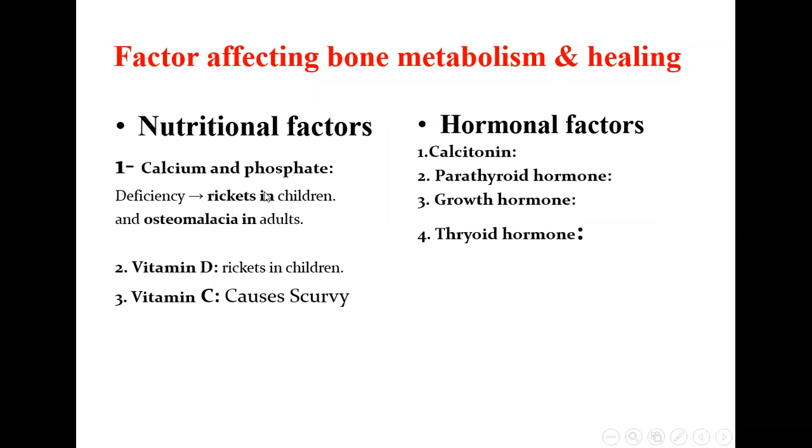Apart from calcium and phosphate, there is also a requirement of vitamin D, which is necessary for the absorption of calcium and phosphate; its deficiency leads to rickets in children. Then also vitamin C, a very important nutrient whose deficiency causes scurvy. So these are the nutritional factors which help the healing of the bone.